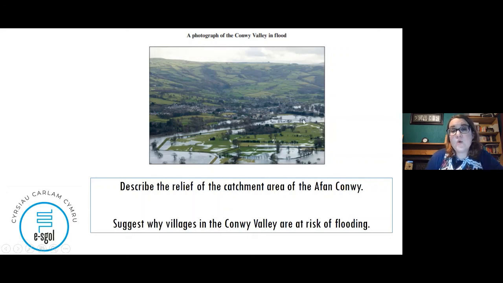We could also talk about it being relatively built up, and that creating more impermeable surfaces, which could also increase flooding. You could talk about the geology as well, but the examiner would be looking for your understanding of why rivers flood for this question.